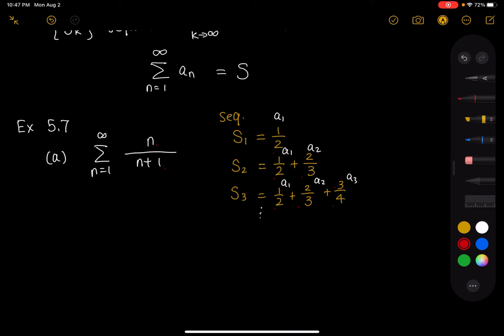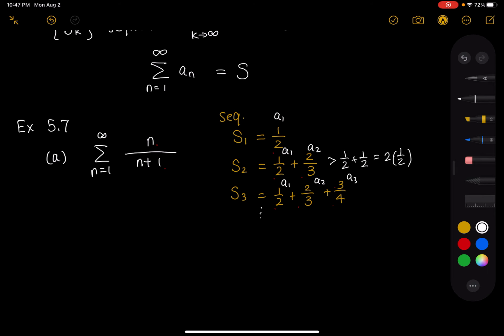So it's always greater than 1/2 because it's closer to the one side. So S sub 1 equals 1/2, but S sub 2 is greater than 1/2 plus 1/2, which is 2 times 1/2.